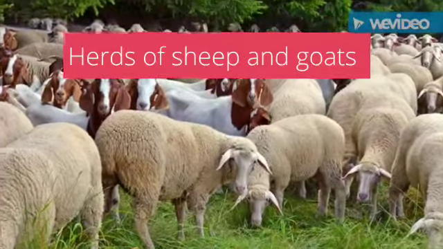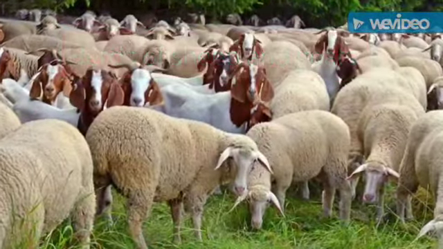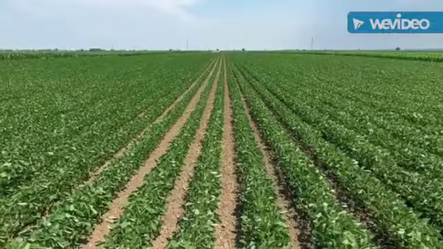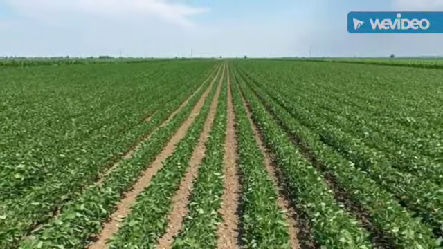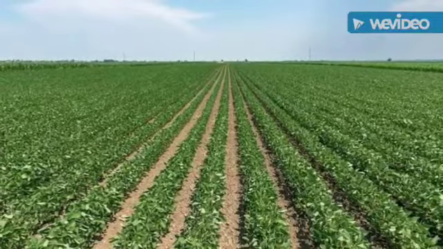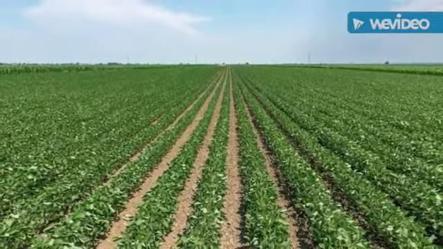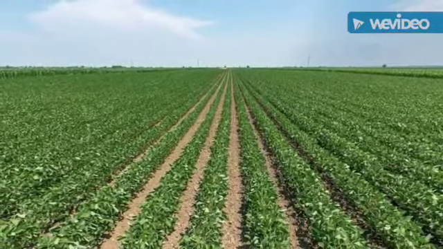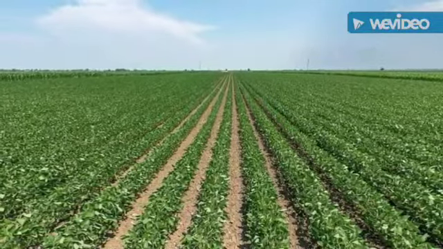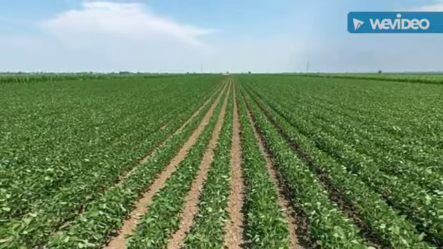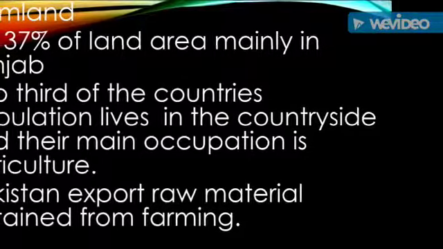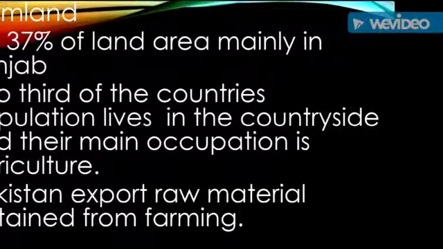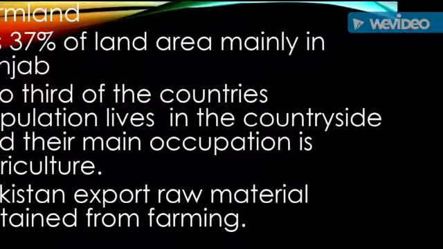Last point is farmland of Pakistan. Farmland is 37% of the land area, mainly in Punjab and the Indus Valley in Sindh. Two thirds of the country's population lives in the countryside, and their main occupation is agriculture.